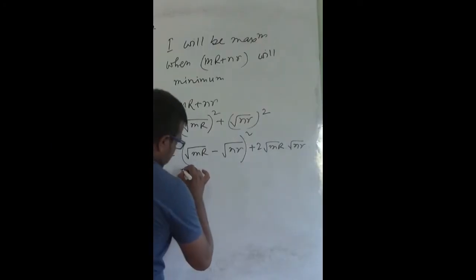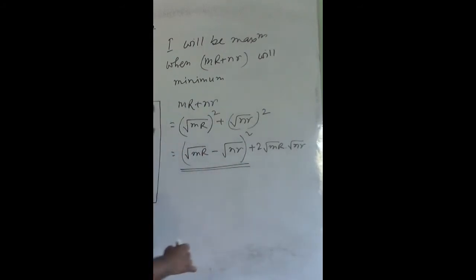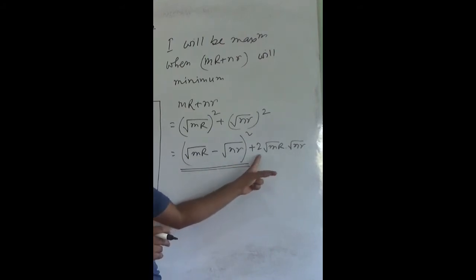Now see here, this term is always positive. Minimum value of this term is 0. That means this will be minimum if this is 0, because the other term is positive.